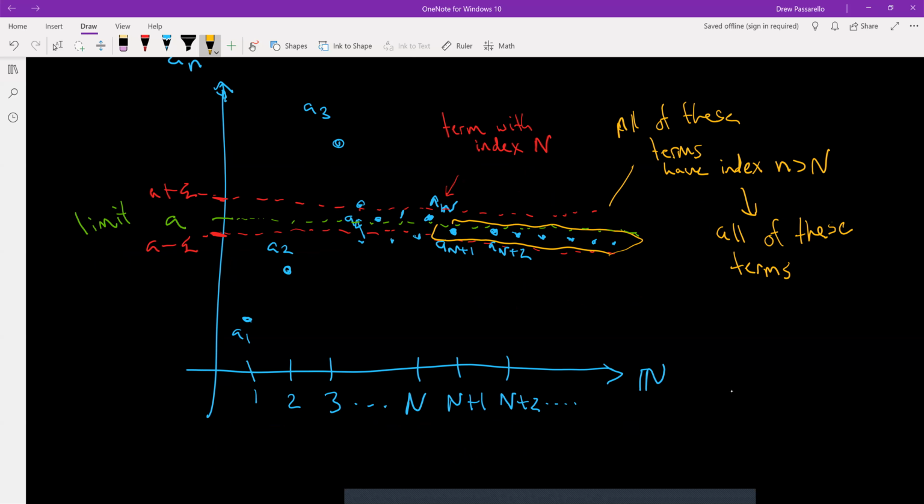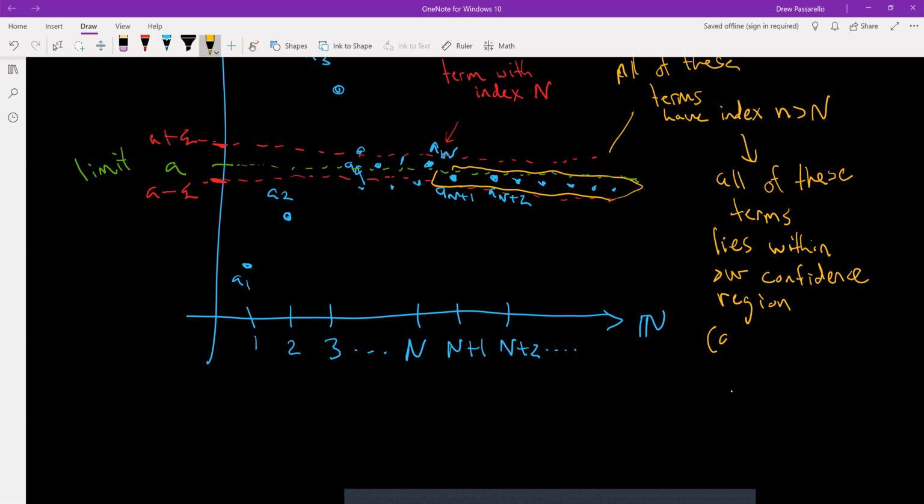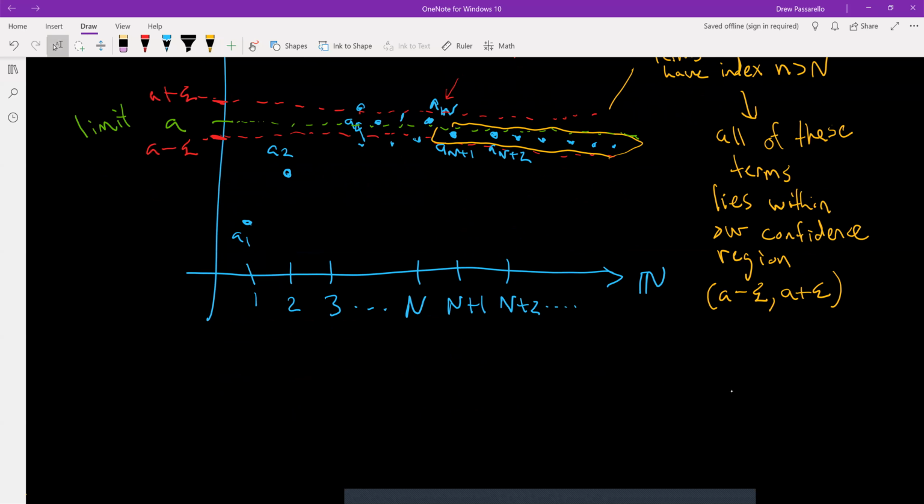All of these terms lie within our confidence region, and our confidence region has bounds a minus epsilon and a plus epsilon. That means each of these terms lies within epsilon distance from our limit a.